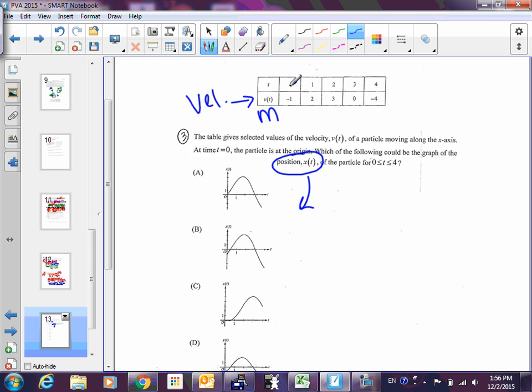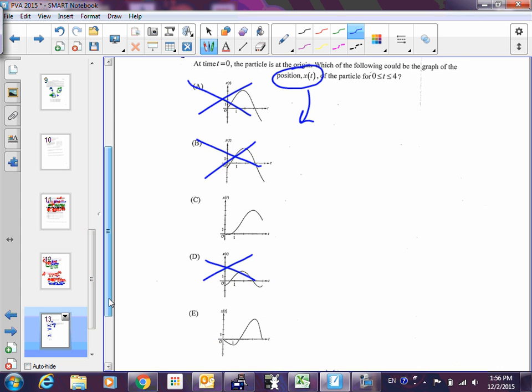In other words, at t equals 0, I don't know what the position should be on my graph, but I know the slope should be -1. So if we look at choice A, at 0, this graph starts off increasing. That slope is not negative anything. Okay, so it's not A. What else is it not just based off of that? B and D. So that's how you narrow it down to C and E, one way.